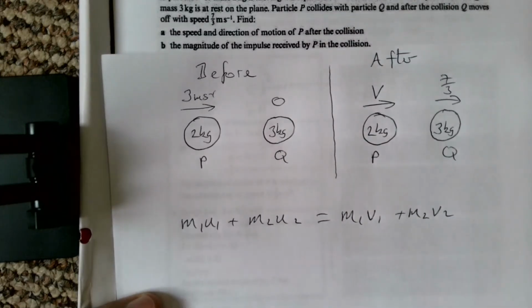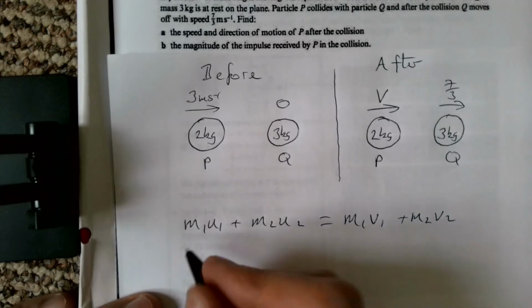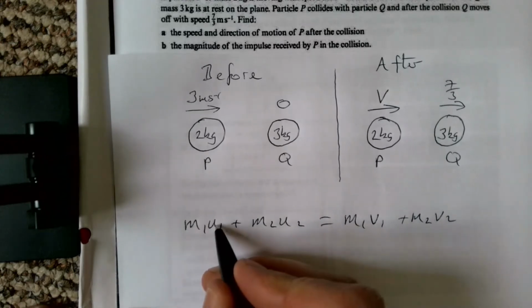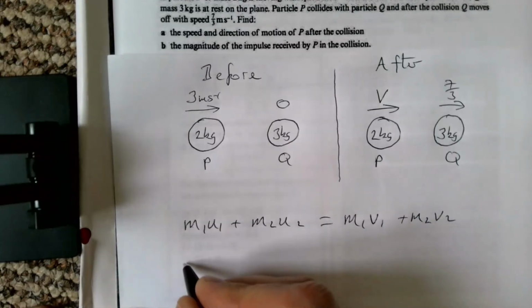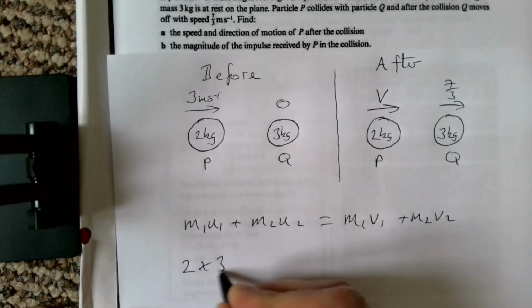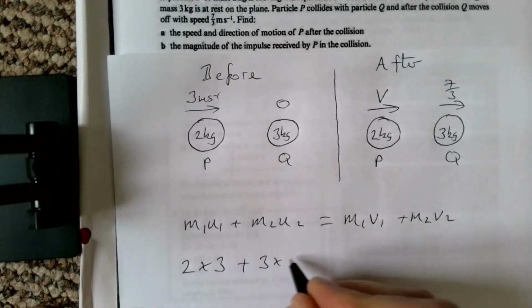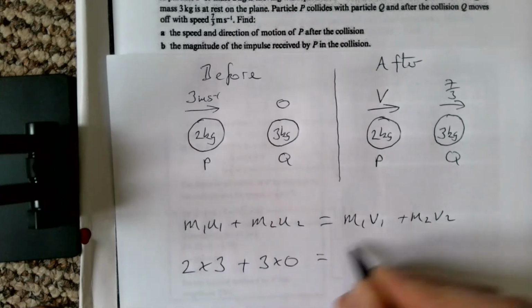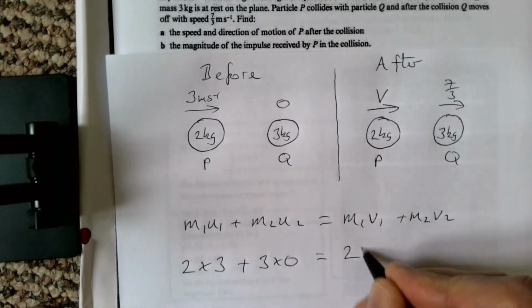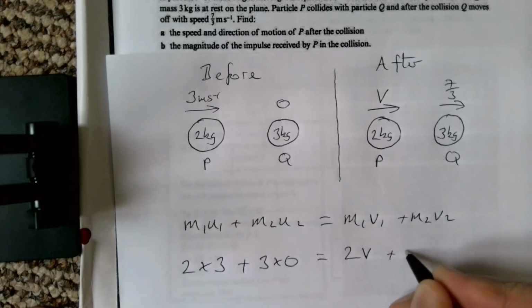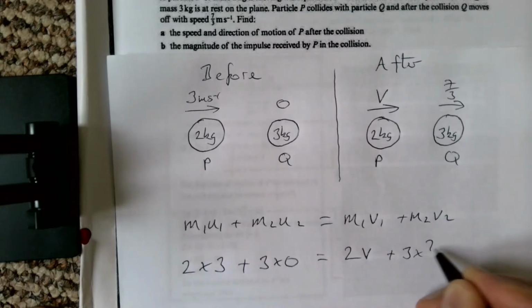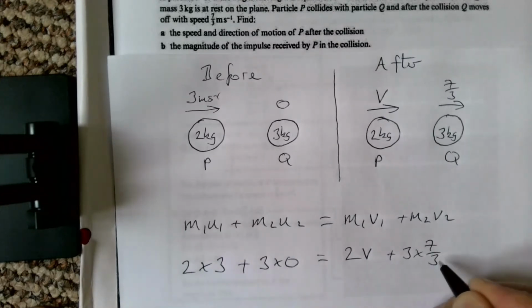So mass times velocity, so that's 2 times 3 plus 3 times 0 equals 2 times V plus 3 times 7/3.